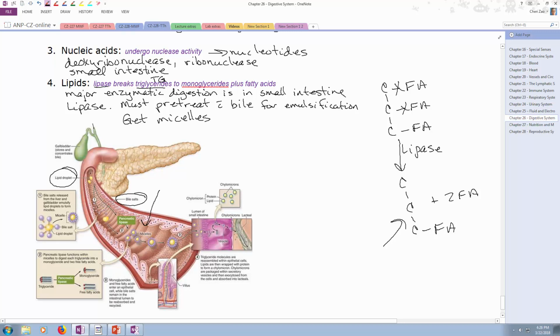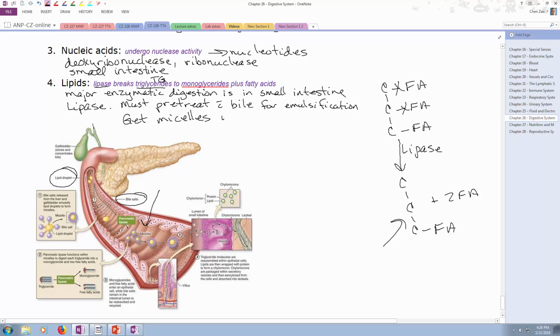The micelles then come into contact with the microvilli, and the fatty contents, the breakdown of the triglyceride, are then easily absorbed into the cell.